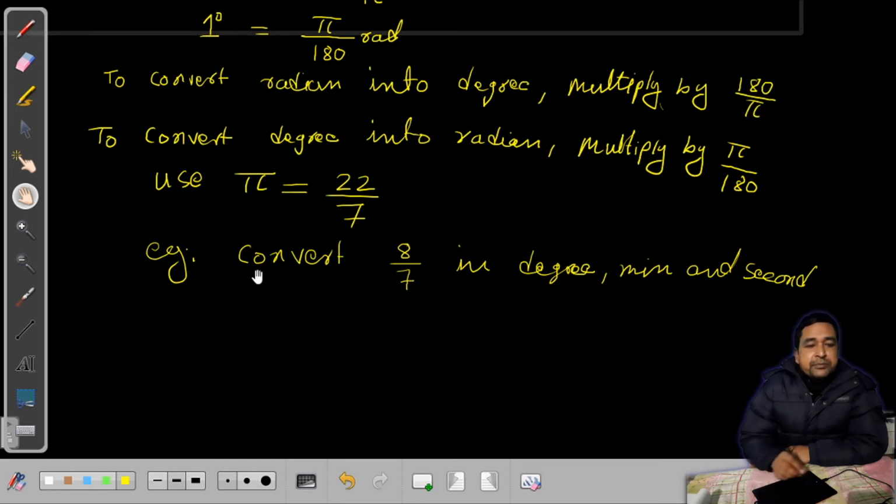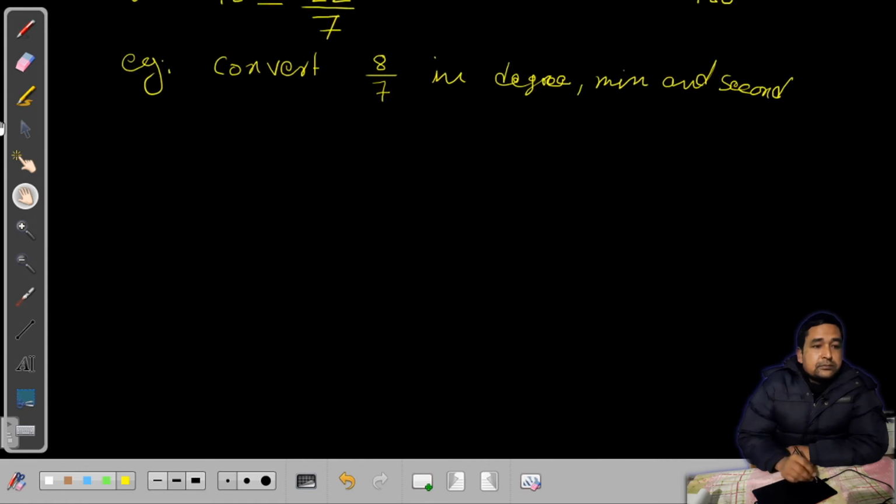Now we'll use the same relation. 8 upon 7 radian equals 8 upon 7 multiplied by 180 divided by pi to convert it into degree.